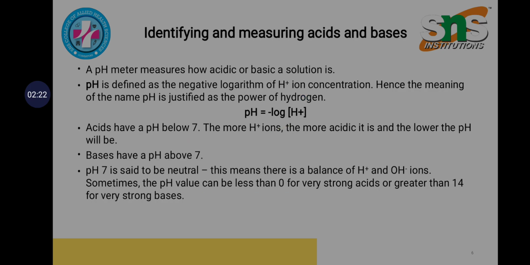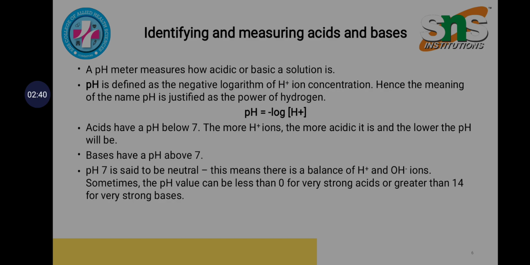And coming to the measurement of acids and bases, a pH meter is a very good instrument to measure the acid and base, and the pH is defined as the minus log of H plus ions, that is the negative logarithm of the H plus ion concentration.